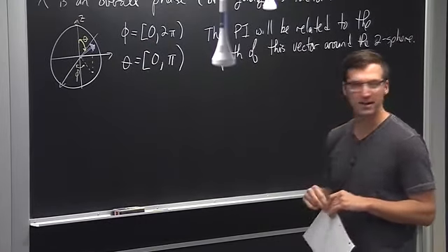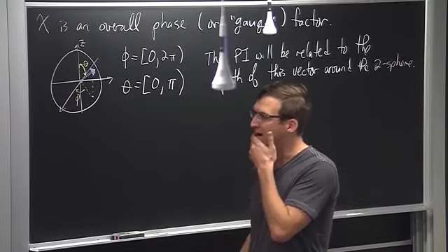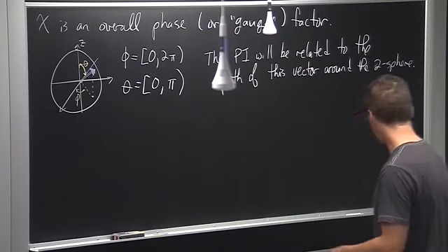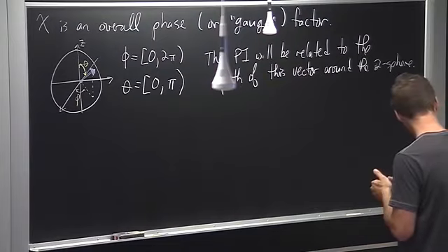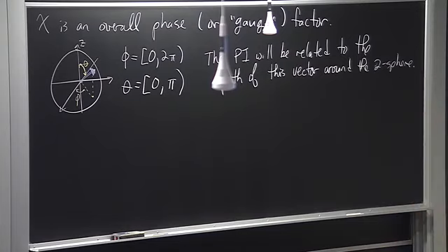Okay, so we have the coherent state. We need a couple of properties of the coherent state in order to construct the path integral. What will we need? We probably need the overlap and the completeness relation.